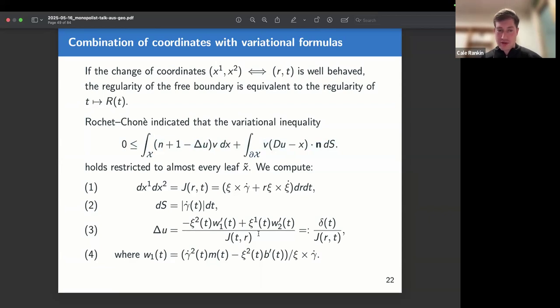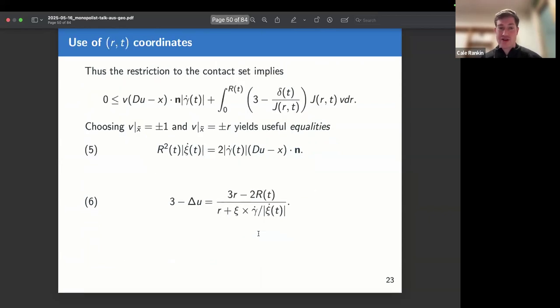Why this is so useful is because when you put it back into that variational inequality and make some good choices of your comparison functions v, you're going to get out two useful equalities. The first, equation 5, which I refer to, but probably not very correctly, as the Euler-Lagrange equation for the free boundary, because it describes this function R of t in terms of our minimizer u, is the following equation.